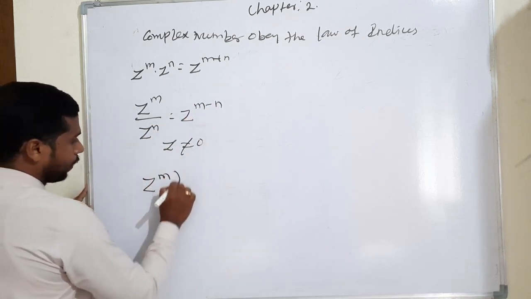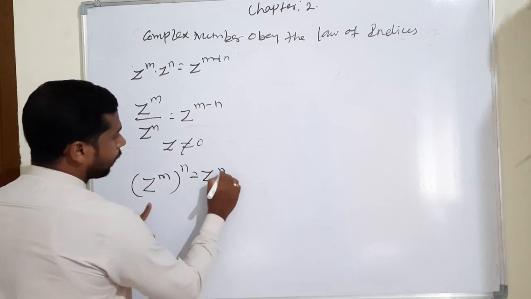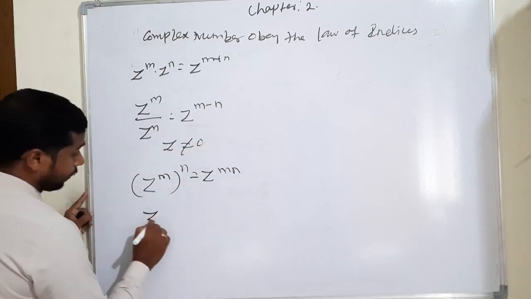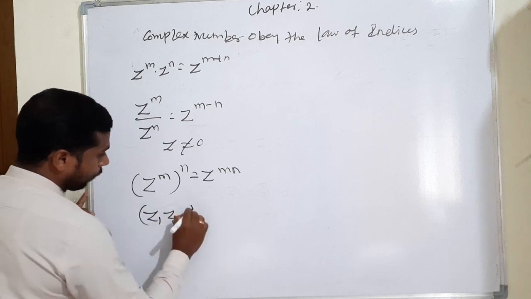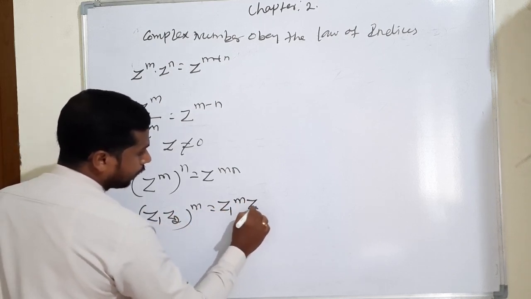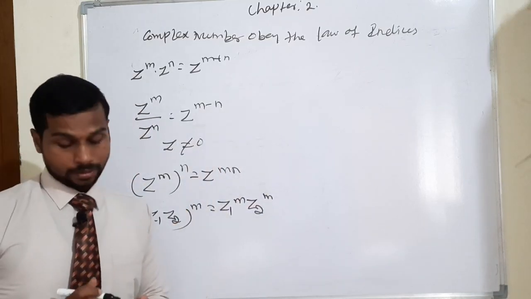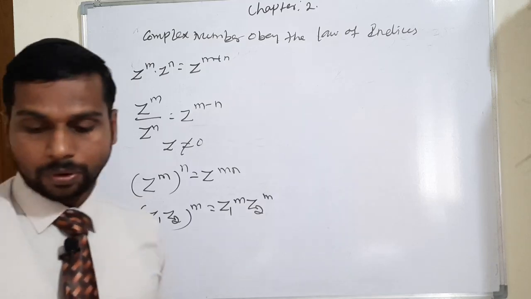Then Z to the power m, the whole power n, gives Z to the power mn. Then Z1 into Z2, the whole power m, if you remove the bracket, is Z1 to the power m into Z2 to the power m. These are some important points, definitely useful during the questions.